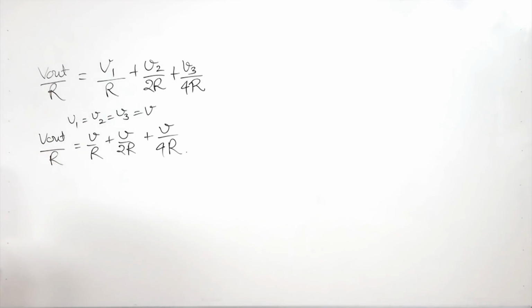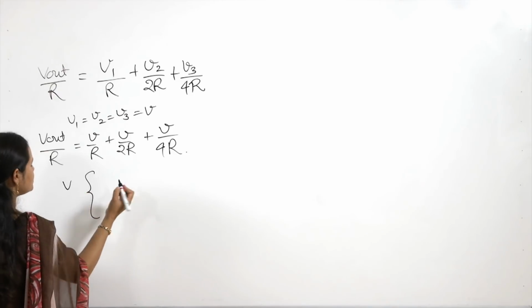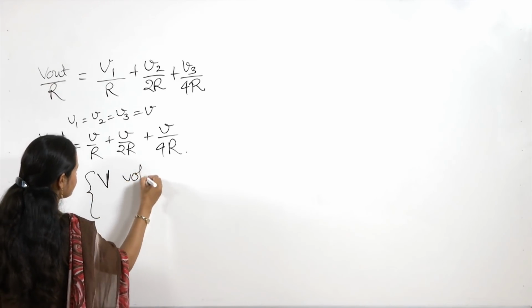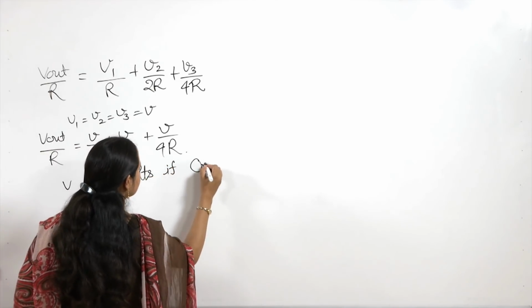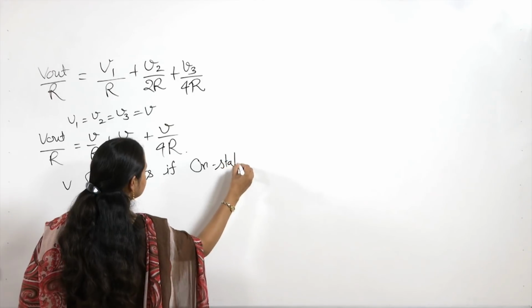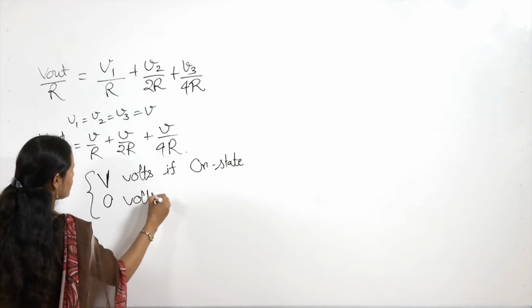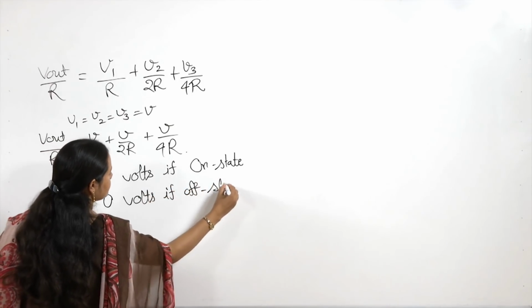Now, our voltage V can have only 2 states, let us say capital V volts in the on state and 0 volts in the off state.